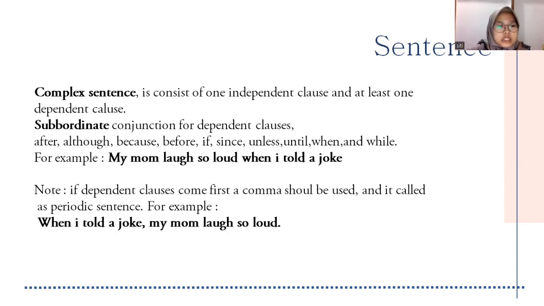And there is a note: if the dependent clause comes first, a comma should be used. And it's called a periodic sentence. For example, when I told a joke, my mom laughed so loud. And that's the explanation about the sentence.